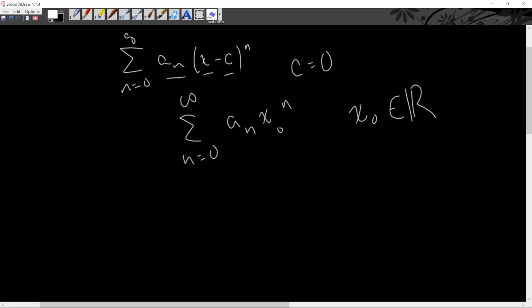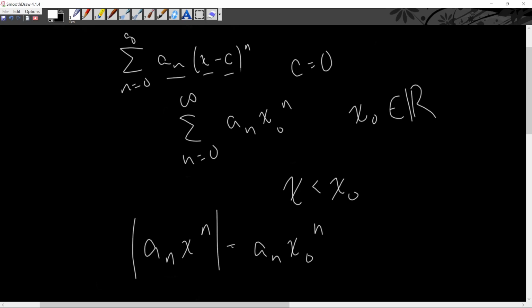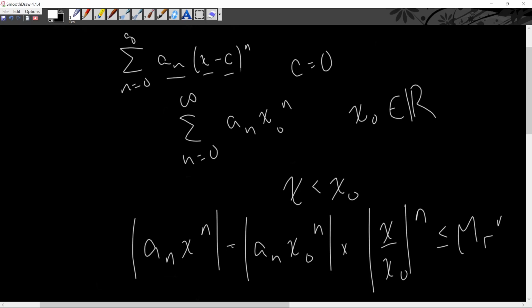So if we acknowledge that x sub 0 is in R, and x can essentially be anything, if the absolute value of x is less than the absolute value of x sub 0, then the absolute value of a sub n times x to the nth power is equal to a sub n x sub 0 to the nth power times x over x sub 0 to the nth power, and this is less than m times r to the n.